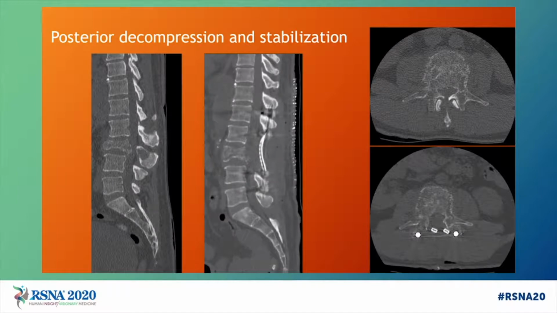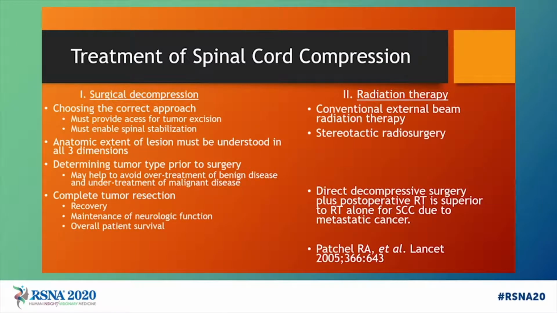So the mainstays of treatment for spinal cord compression include surgical decompression and radiation therapy. With respect to surgical decompression, the goal is complete tumor resection. However, it's important to determine the tumor type prior to surgery, if at all possible, to help avoid overtreatment of benign disease and undertreatment of malignant disease.